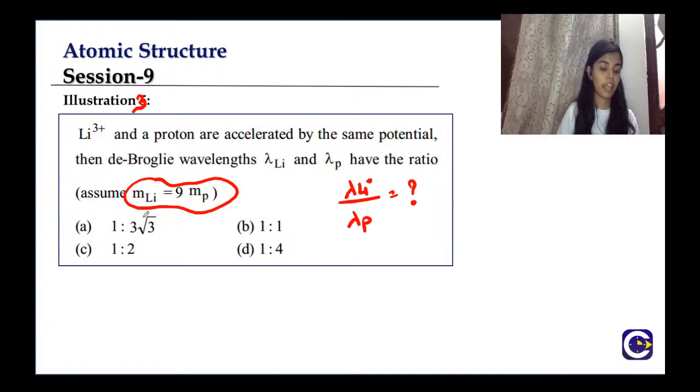Okay, Jude Allen is saying A. What about others? You can take the relative charge also, right? For example, if the proton has a charge +1, because you are finding the ratio, you can take the relative charge. If you are not finding a ratio, then you have to take the actual charge, that is 1.6 into 10 raised to the power minus 19 coulomb. So for proton it is +1, let us say, so lithium will be +3. You can put the relative charges of proton and lithium as 1 and 3, and the mass relationship is already given. So you have to find lambda lithium divided by lambda associated with proton.